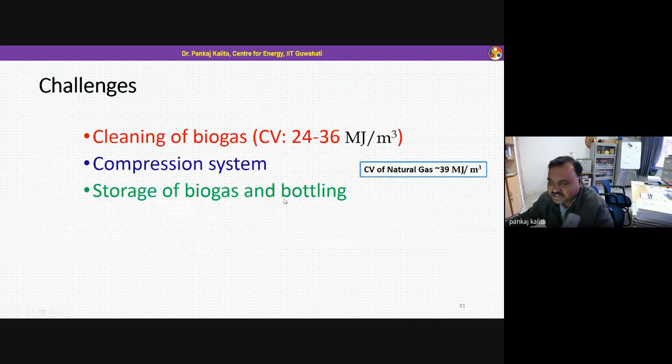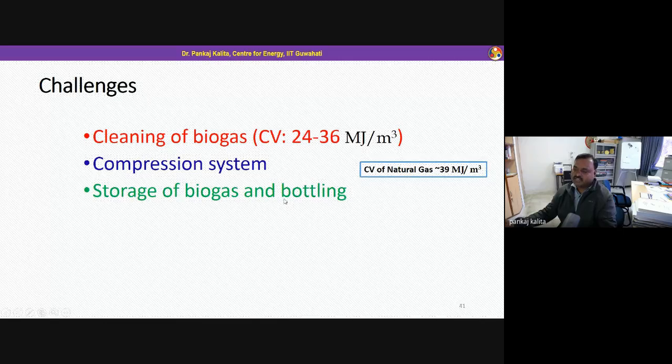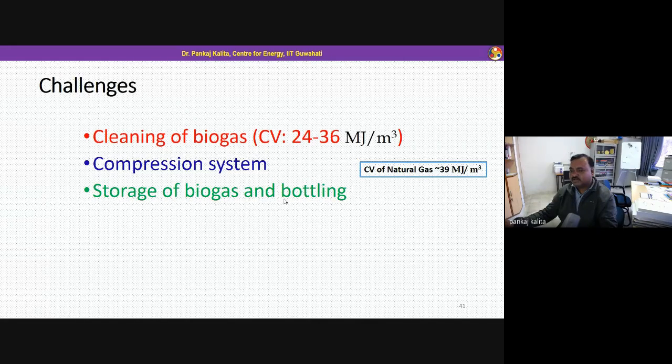And there are some challenges, like cleaning of biogas is a challenge. If we can develop a proper cleaning methodology, then we can really augment the calorific value of biogas to very high values, something close to 39 megajoule per cubic meter.